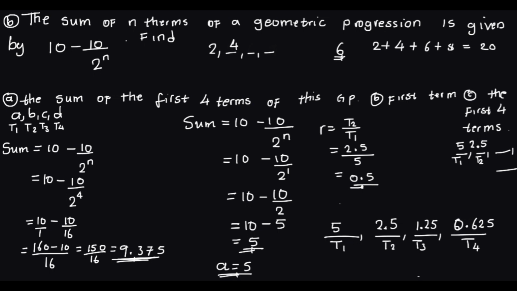Now, to prove that our answer is correct, let's see if these can add up to the sum of the first 4 terms here. So let's add 5 plus 2.5 plus 1.25 plus 0.625.